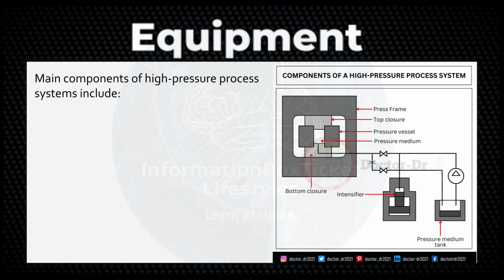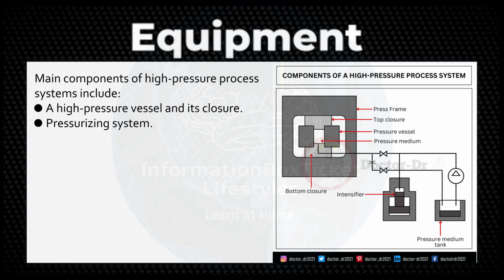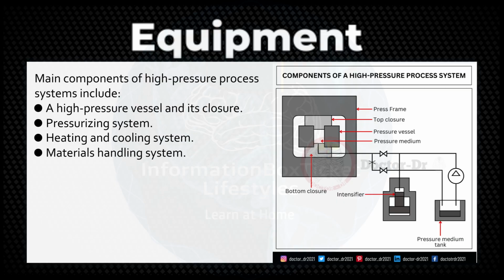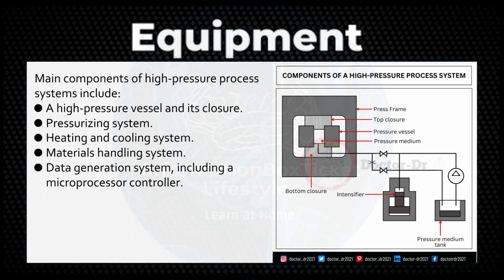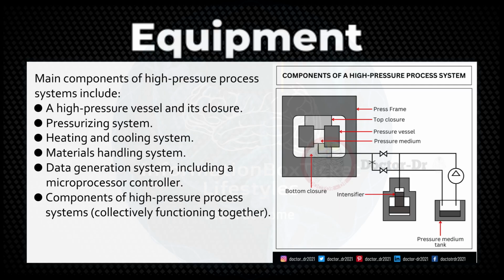Main components of high-pressure process systems include a high-pressure vessel and its closure, pressurizing system, heating and cooling system, materials handling system, data generation system, including a microprocessor controller. Components of high-pressure process systems, collectively functioning together.